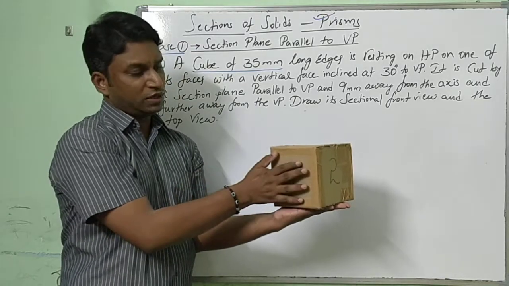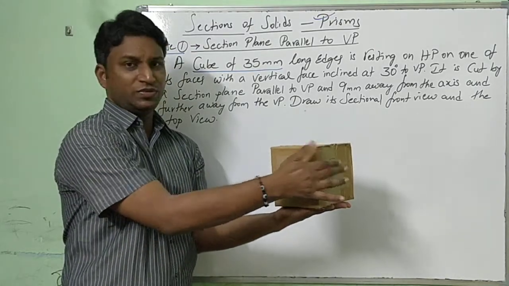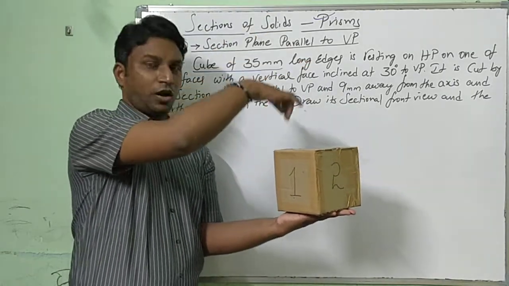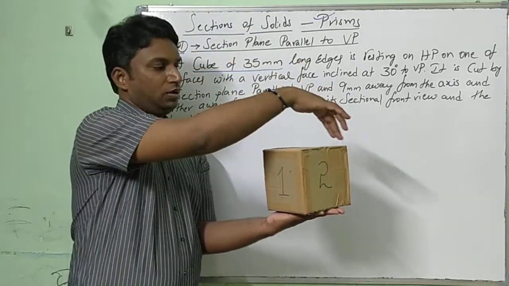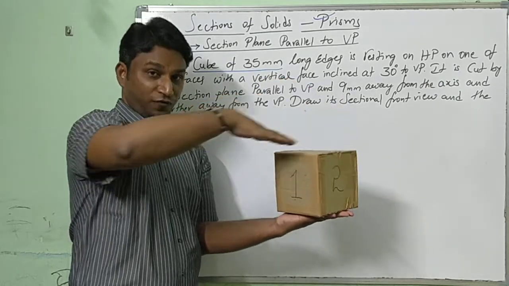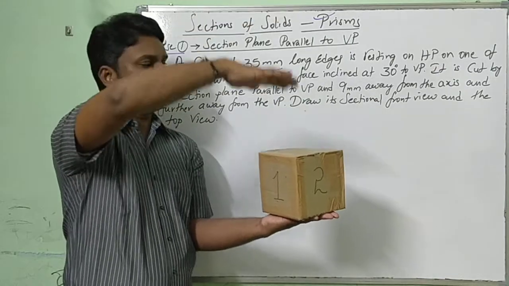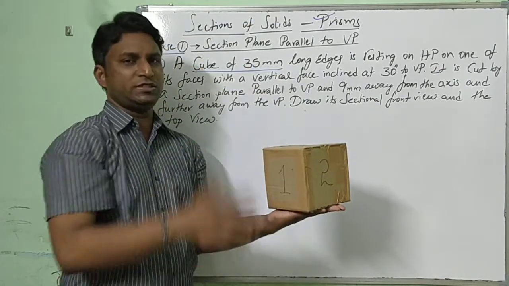You can't. Why? Because the vertical face is diminished. The top view shows the true shape, a square, with one side at 30 degrees, so from the top view you can draw its true shape and then its front view.